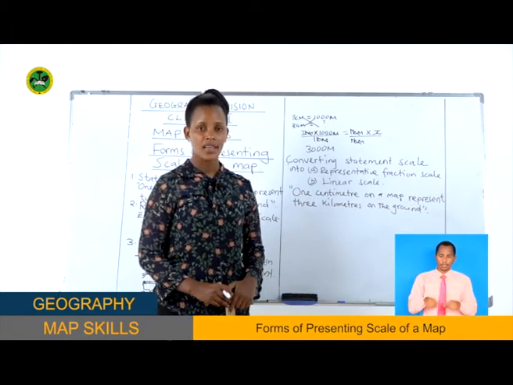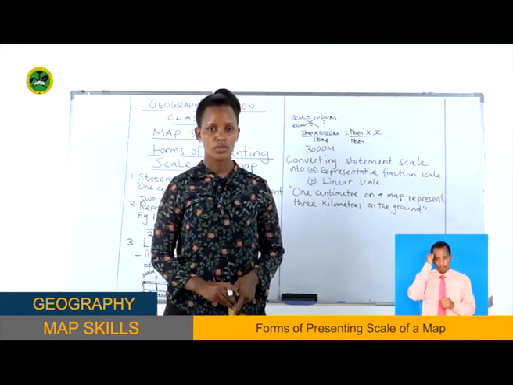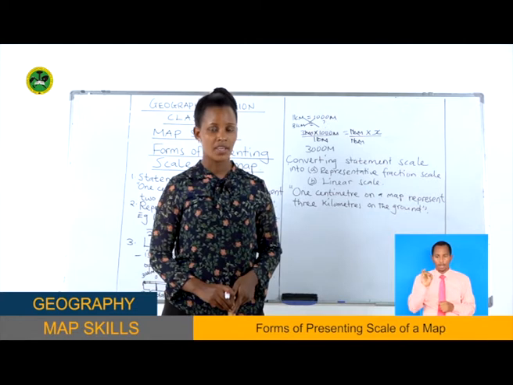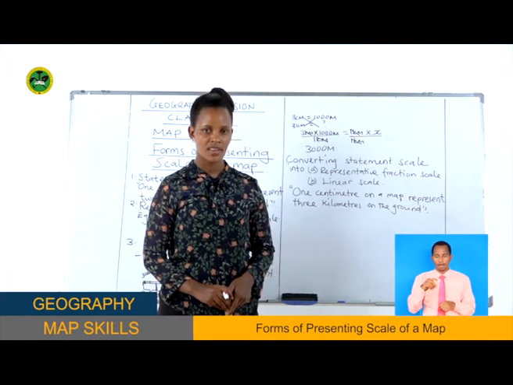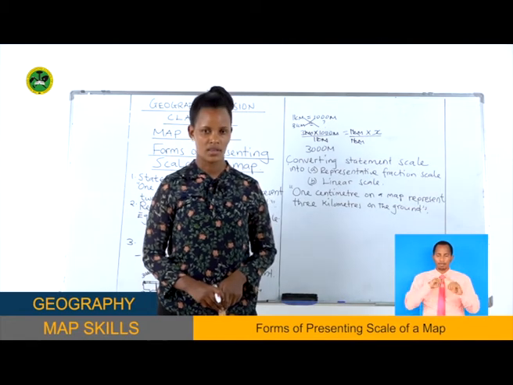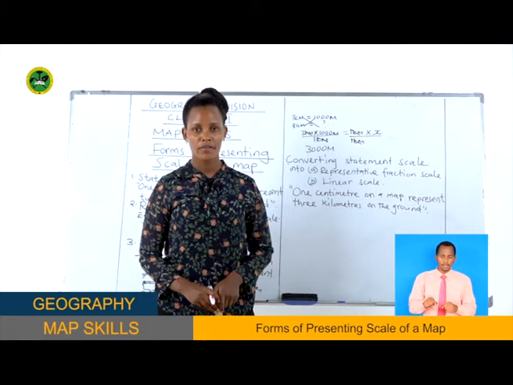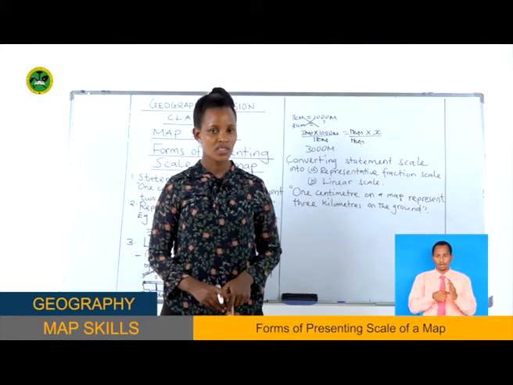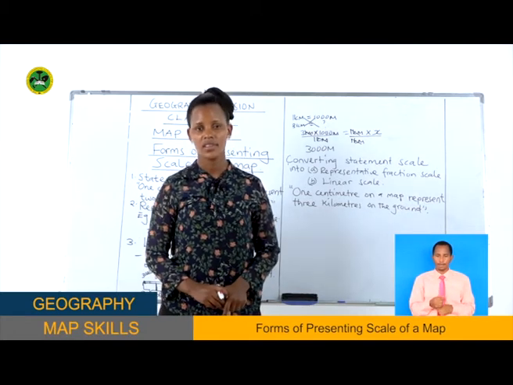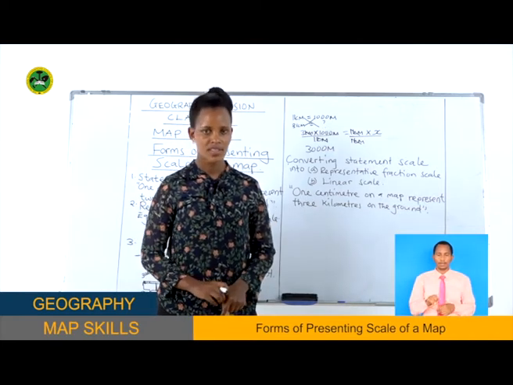Remember that in representative fraction scale, the unit should be the same and should be in centimeters. Now, how can we change 3 kilometers into centimeters? We should take the constant formula from the metric table, which says 1 kilometer is equal to 100,000 centimeters.